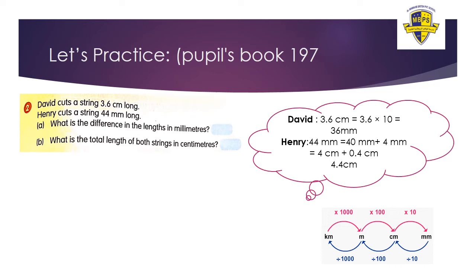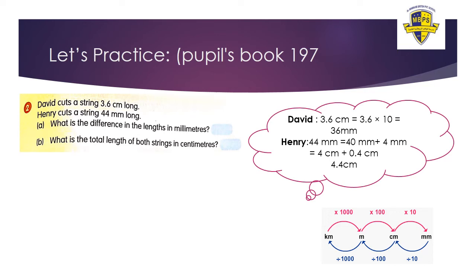Excellent. Multiply by what? Multiply by 10. Good. So, 3.6 multiplied by 10. Shift the decimal point 1 digit to the right. So, it will be after 6. So, 3.6 multiplied by 10 equals 36 millimeters.